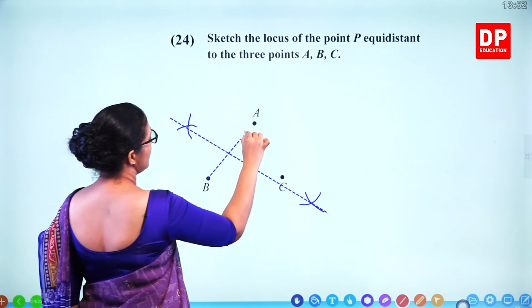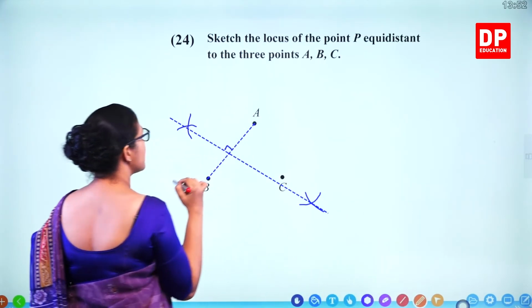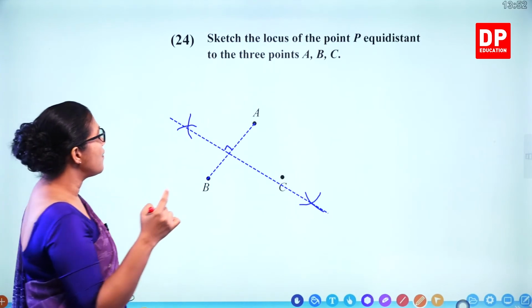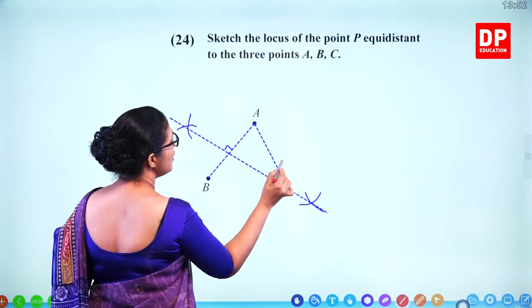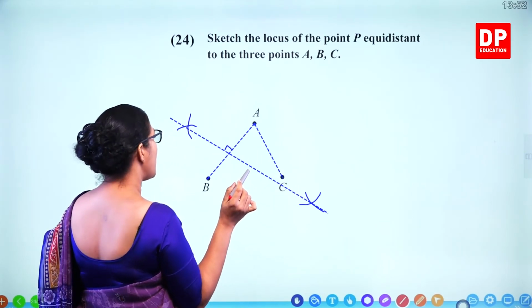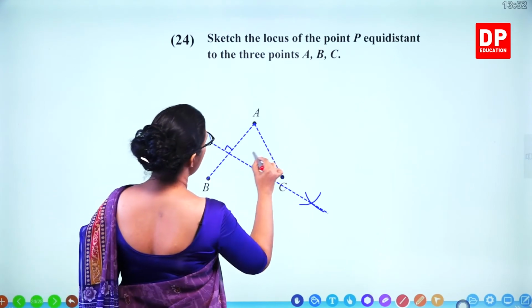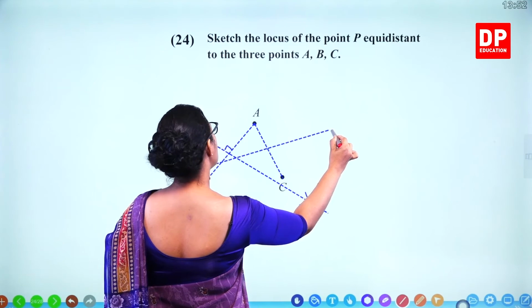So this line is at 90 degrees. Assume that this is 90 degrees. It's the perpendicular bisector. Now we'll take another 2 points, these two, and draw the perpendicular bisector for that. This is the perpendicular bisector of these two.